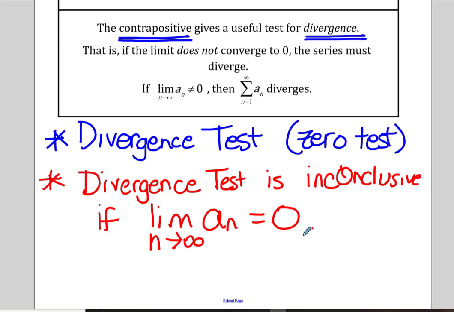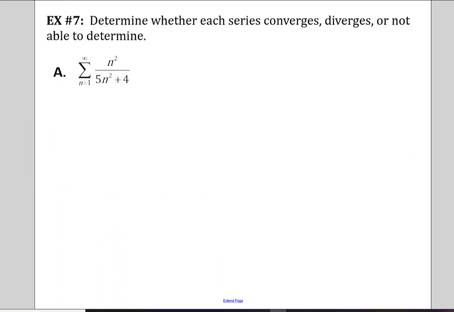So if we take the limit of the a sub n expression and get 0, we may or may not know it converges. We will need some other test besides this test. So this test is for divergence.